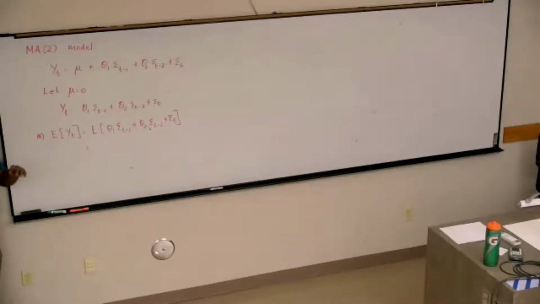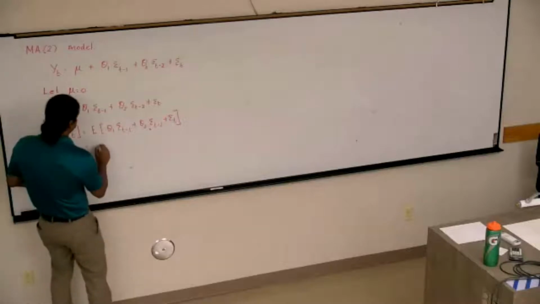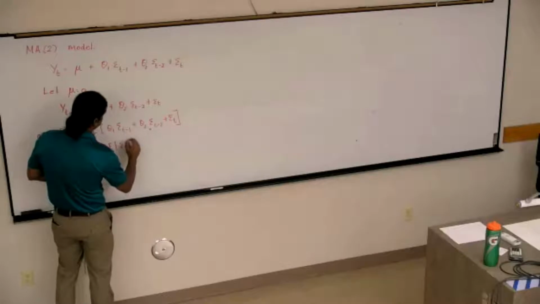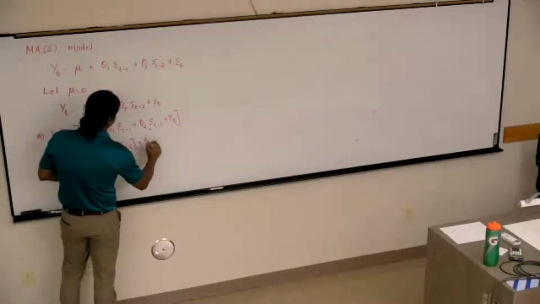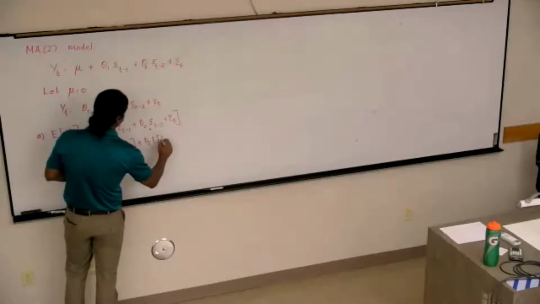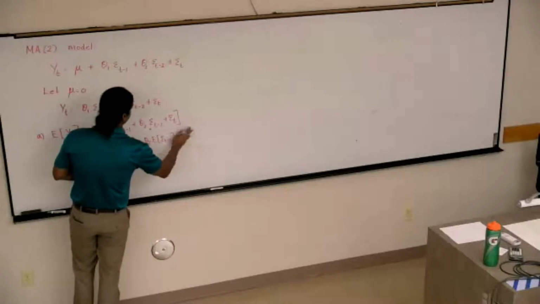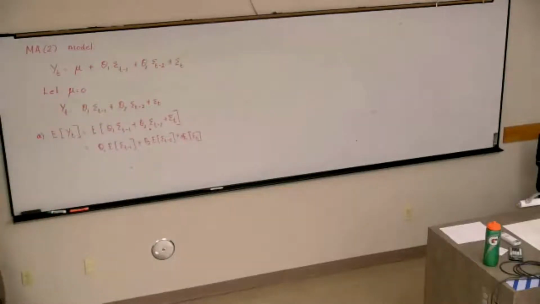We will distribute: theta 1 expectation of epsilon t minus 1 plus theta 2 epsilon t minus 2, plus epsilon t.